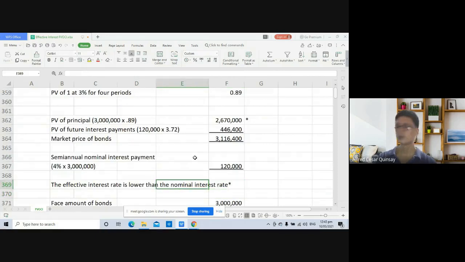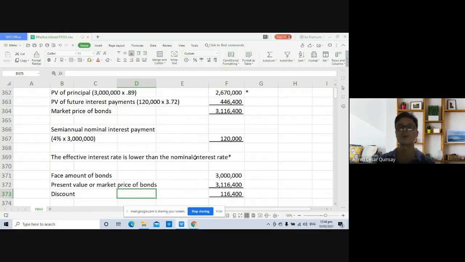Okay, so ito naman, the effective interest rate is lower than the nominal interest rate. Thus, the difference between the face amount and present value is a premium.